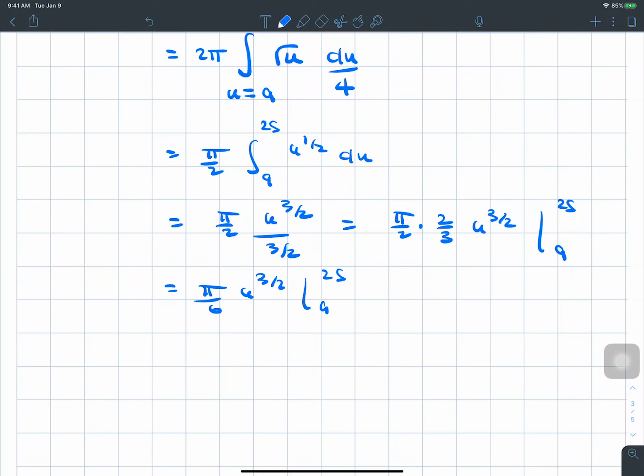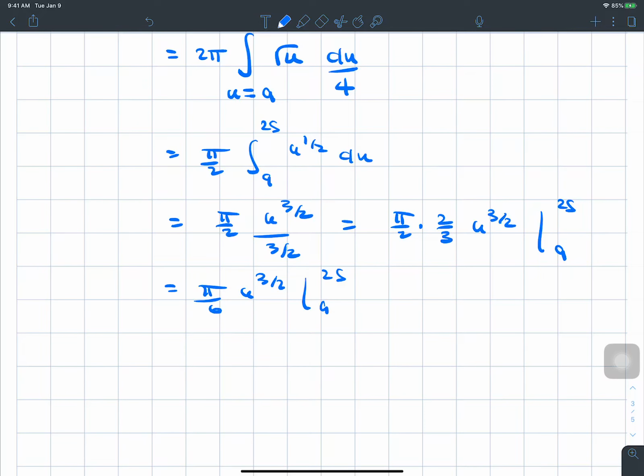Anyway, pi over 6 times 25 to the 3/2 minus pi over 6 times 9 to the 3/2. Factor pi over 6 out. Use the definition of 25 to the 3/2, definition of 9 to the 3/2. 25 times 5, 9 times 3.